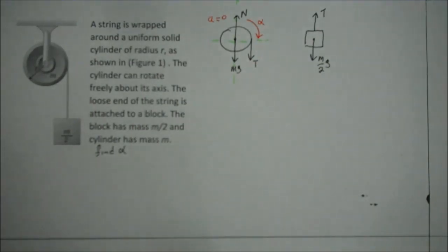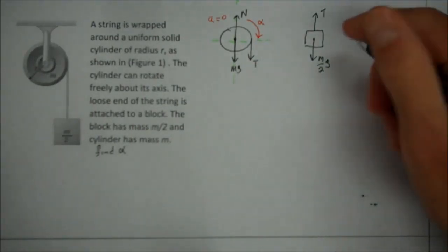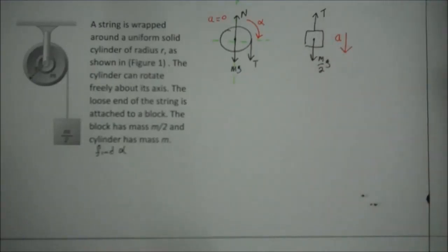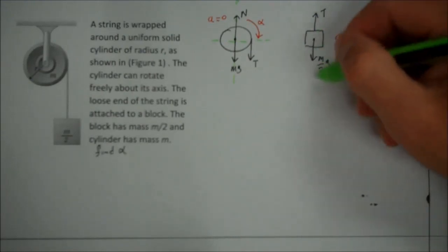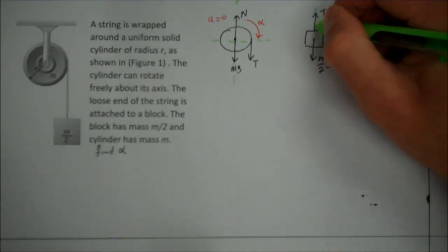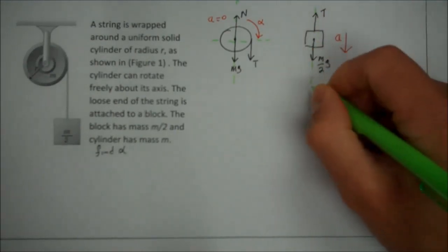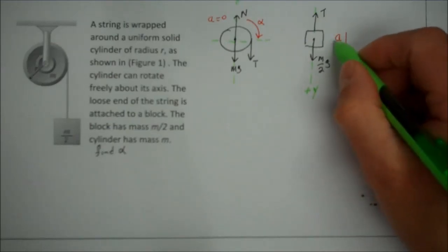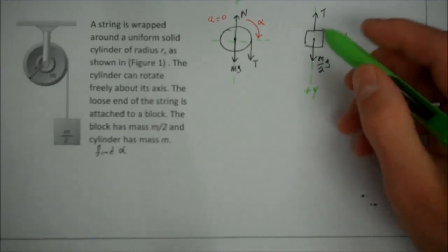Now this block will accelerate down. The coordinate axis system here translates, it's not rotating, it's just moving linearly. So we do need this linear axis. And I'm going to make down positive. Why? So that it corresponds with my acceleration. You don't have to do that.